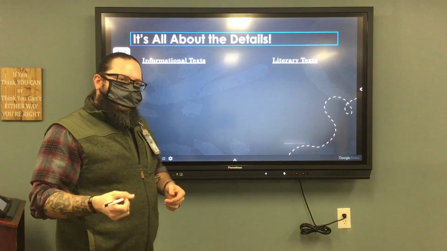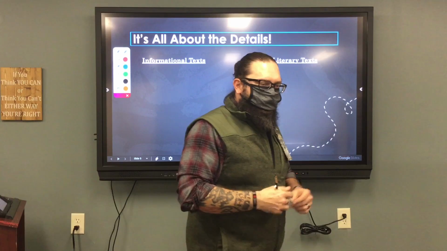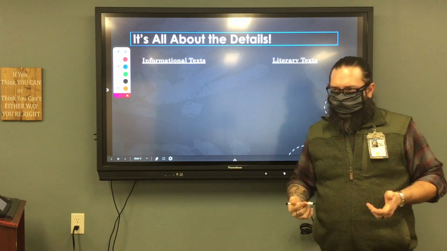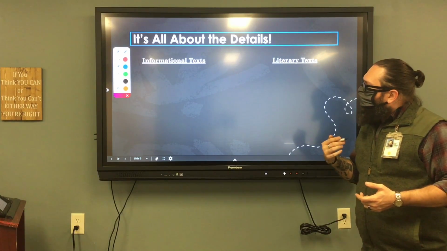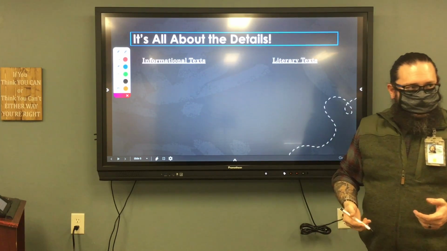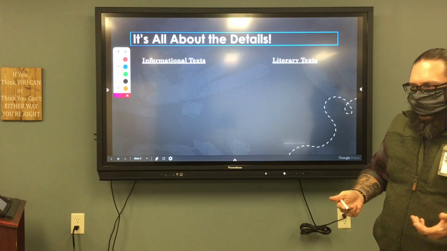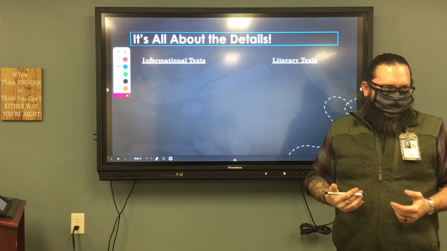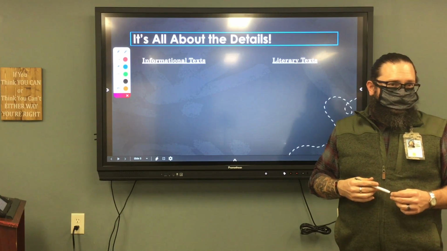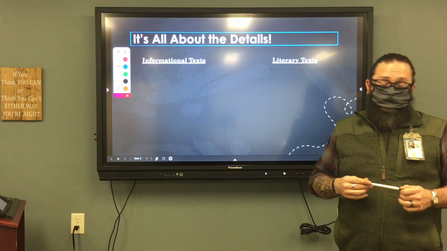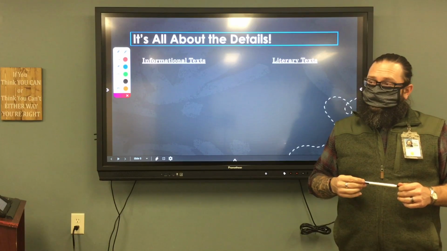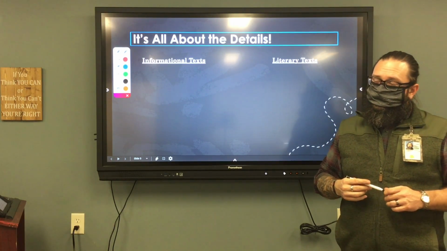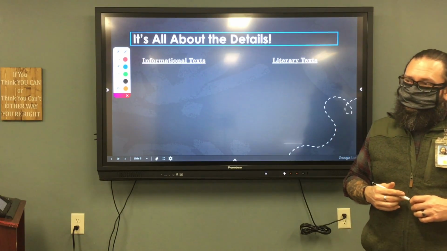At least for the purpose of TAID testing, and really in general, there are two types of text that you will work with. One is called informational text, the other is called literary text. So who can tell me what an informational text is? It's where you read it and it's nothing but information about some type of subject.